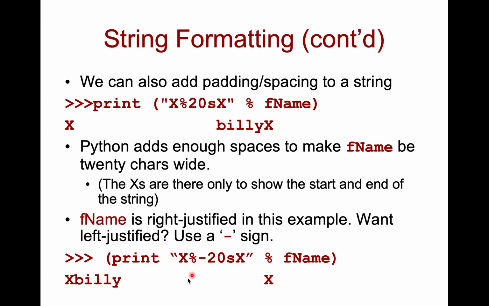And what that does is it adds in the padding or the spaces afterwards. So if we do this for multiple statements with multiple different fnames of different lengths, we can be sure that the next thing that we print will always start at the same spot. That's useful for the exercise that we have coming up.